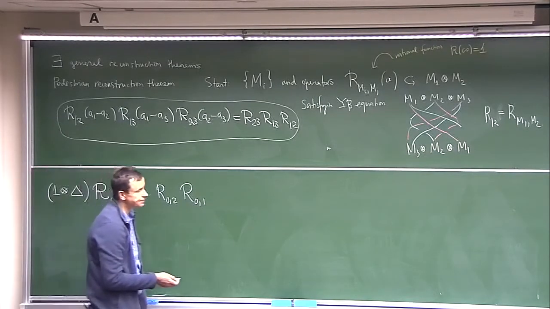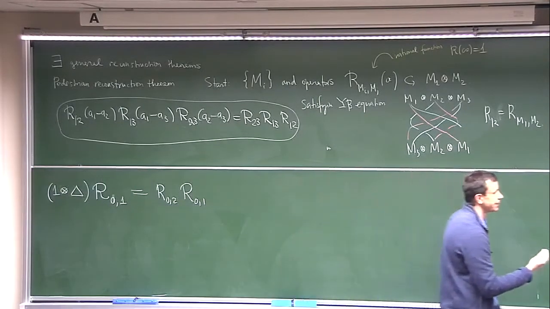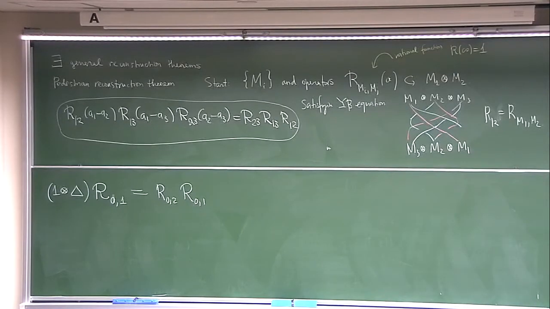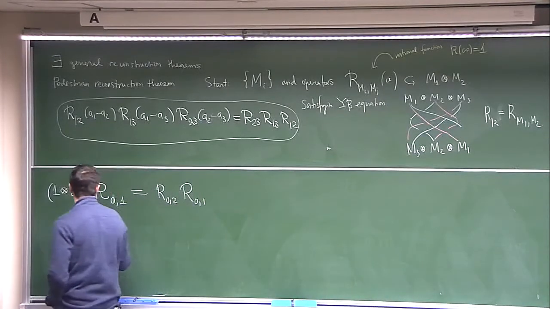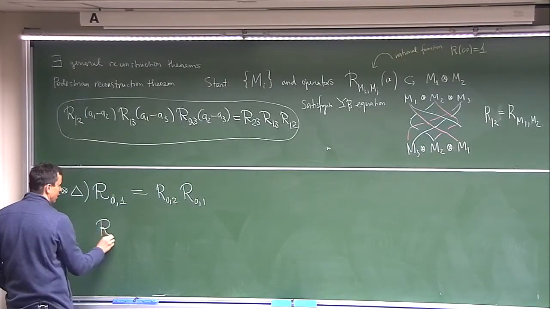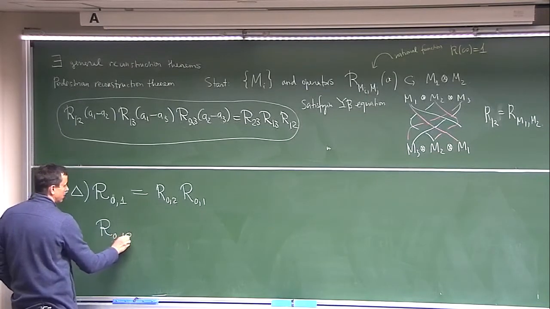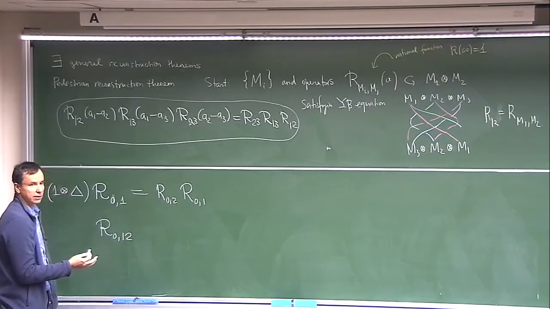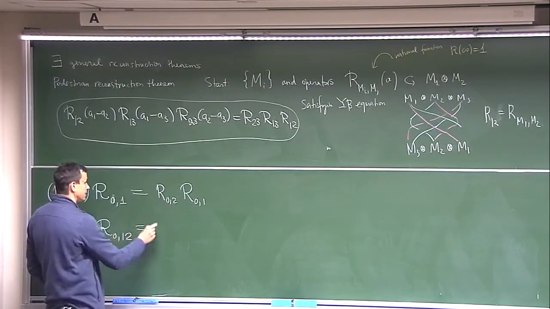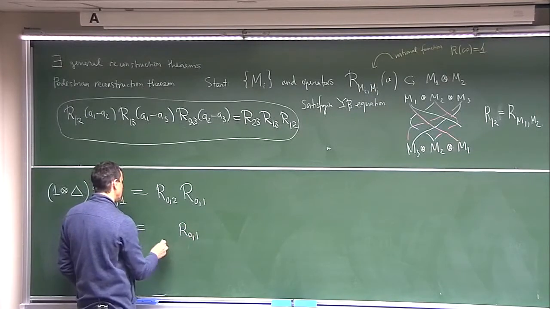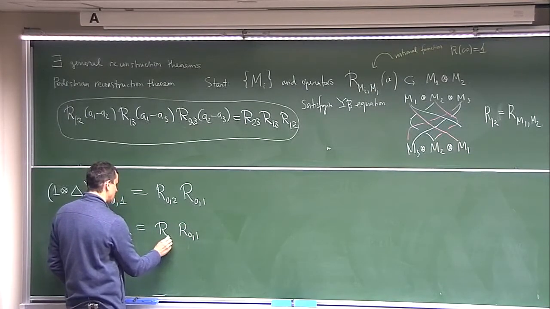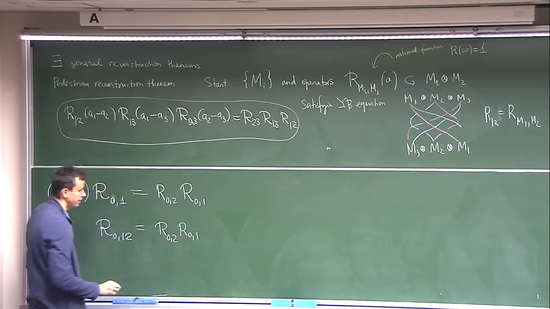All right. Now, why is the R matrix itself the intertwiner? So I would like to say that this means we have to compare R12, which after all is this expression. So it's R01 with R02.